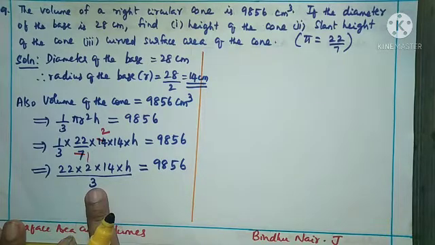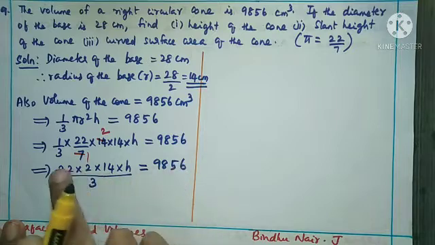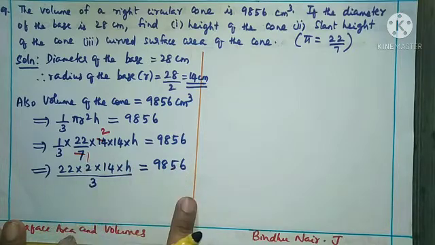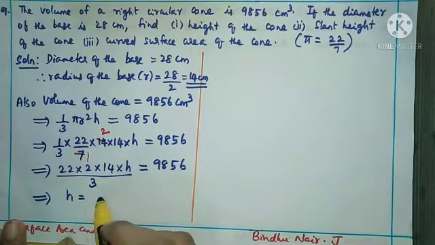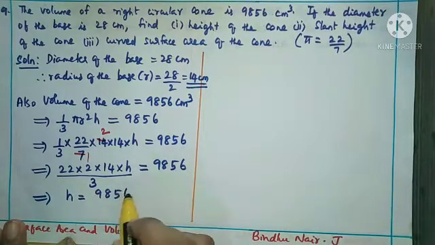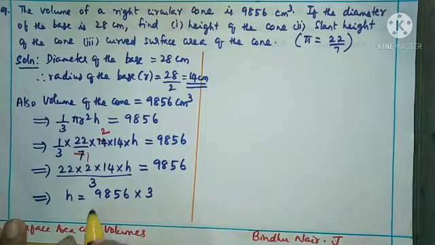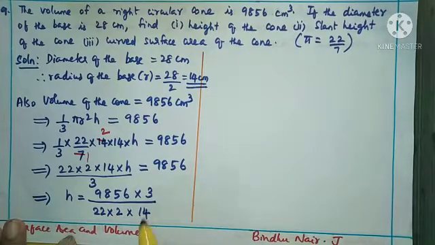So this 3 goes in the numerator, the other numerator comes in the denominator. So that implies h equal to 9856 into 3 divided by 22 into 2 into 14. Understand? So this quantity will give you the value of h.